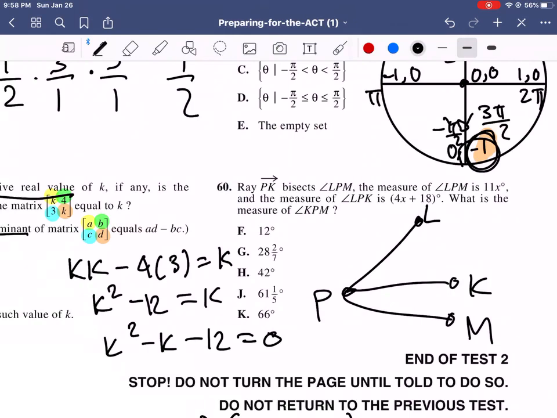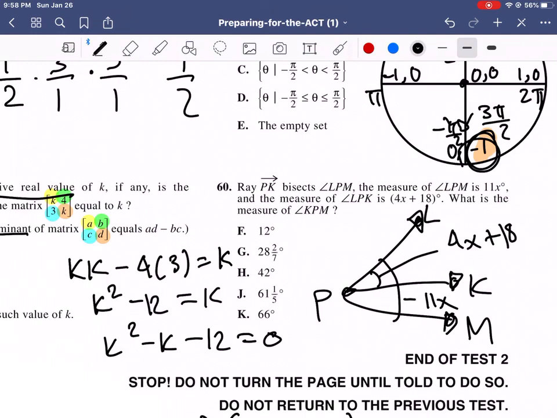Oh wait, it's a line. So you find that this equals 4x plus 18 because it's the angle of LPK, which is 4x plus 18, and the whole thing is 11x.